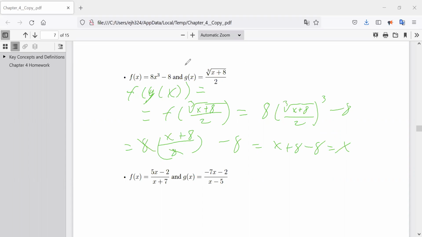If you want, you can do it the other way, but you don't have to.